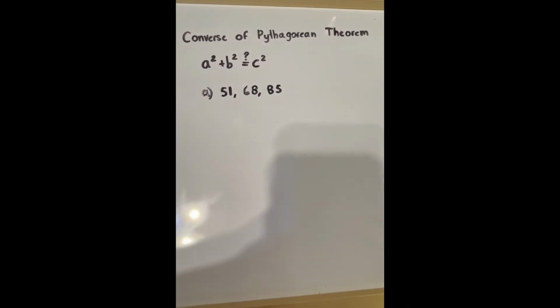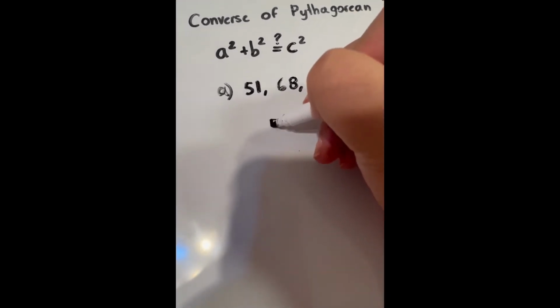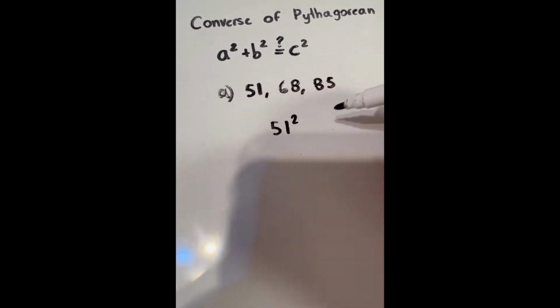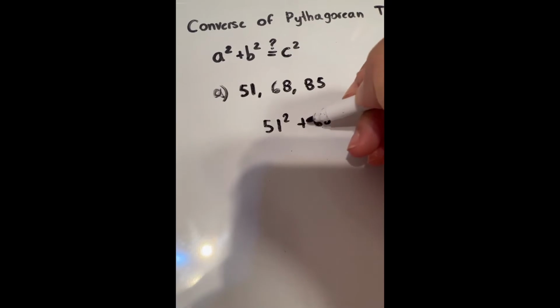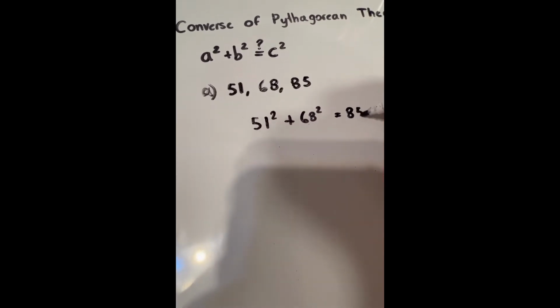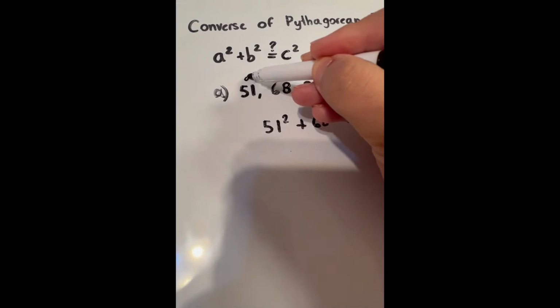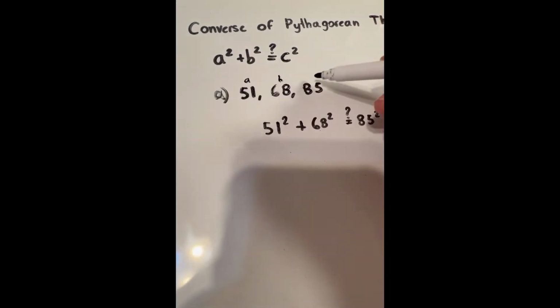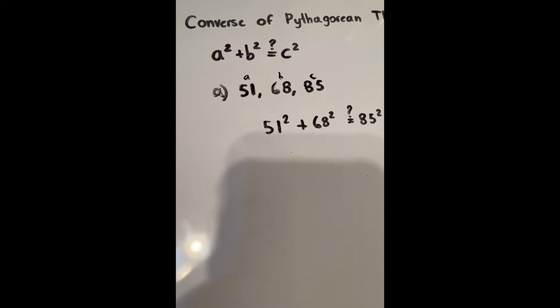In this example, we're going to determine whether these following lengths could be the sides of a right triangle using the converse of the Pythagorean theorem. So first, we're going to use our equation. So 51 squared plus 68 squared should equal 85 squared. And again, the reason why we chose these numbers is because 51 will act as a, 68 will act as b, and 85 will act as c.